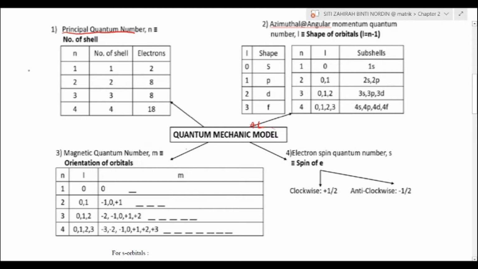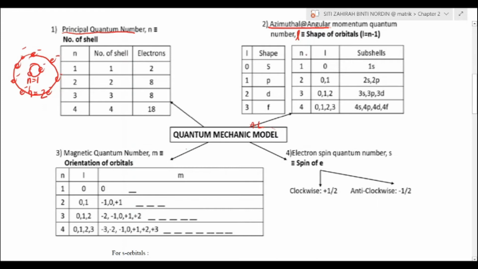For n equal to 1, 2 electrons can be filled. For n equal to 2, only 8 electrons can be filled in, and the rest follow on. The second quantum number is the azimuthal or angular momentum quantum number, or L, which is the shape of orbitals.